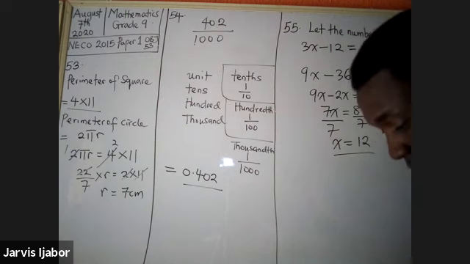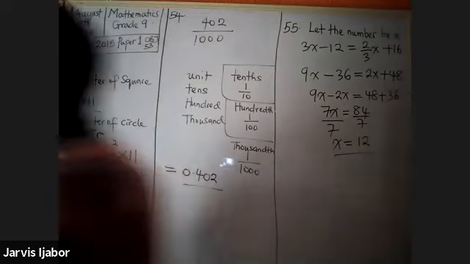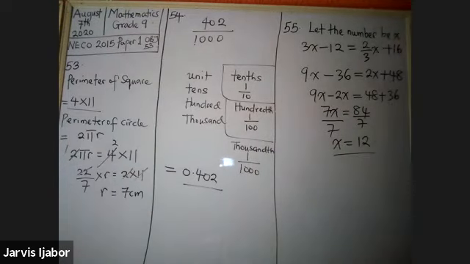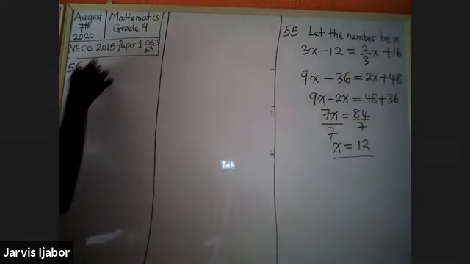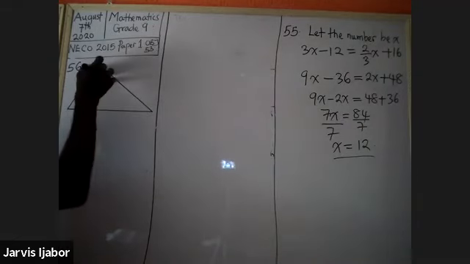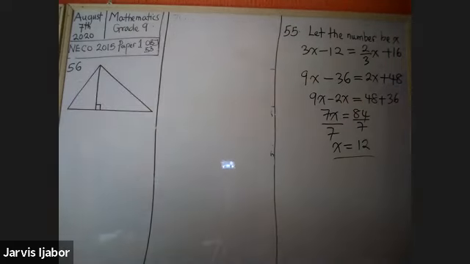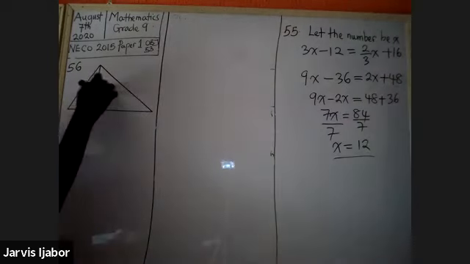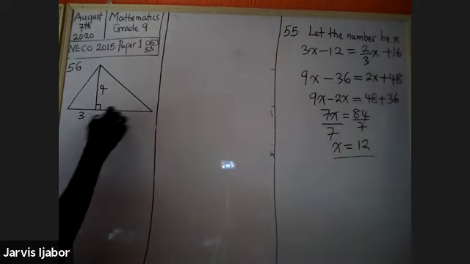Okay. So let's go to question 56 now. Find the area of the triangle. You have 3, you have 4, you have 5.